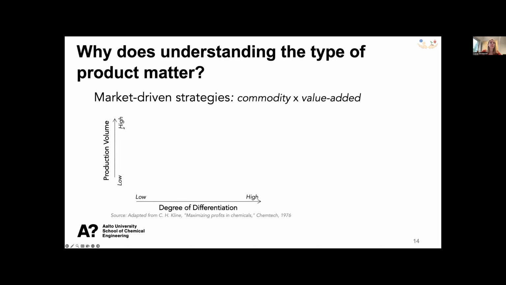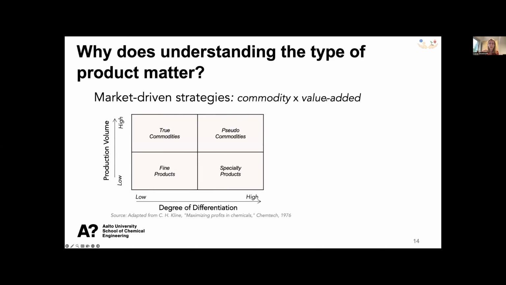For any type of product that we're making, there are several ways to compare them, but for the purpose of looking at market strategies and where the product sits, there's how much we make and how differentiated it is, how far it is along the value chain, how many process steps it took to add value, how much value has been added to the product. So it's about the degree of differentiation. It can be low or high.